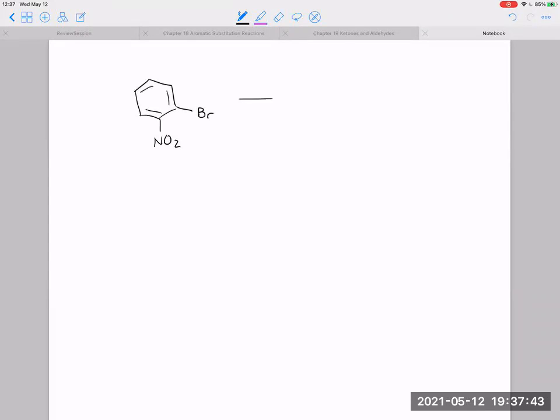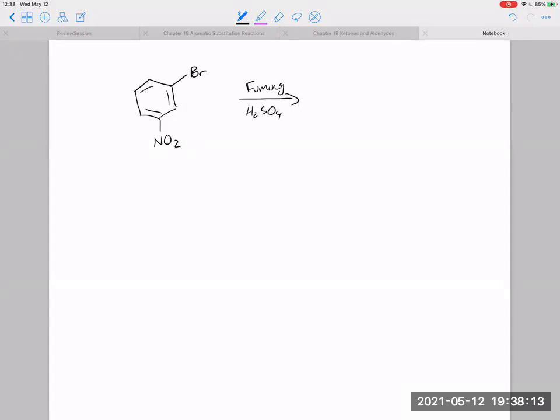Now I want to put on, oh crap, that's not a good example. Now I'm going to put on, I don't know, who cares, a sulfonyl group here. Now we have some conflict because bromine is what? Meta or orthopara?